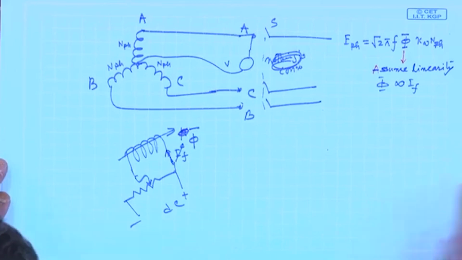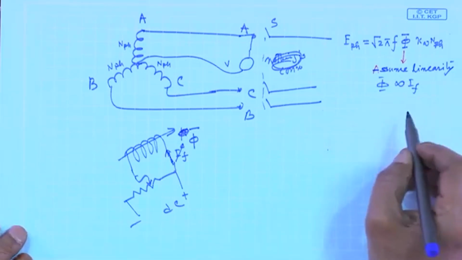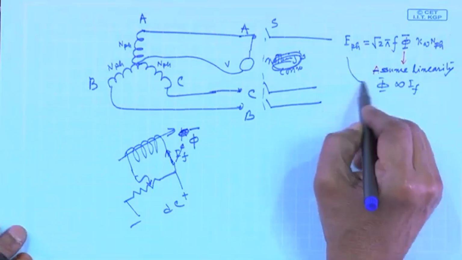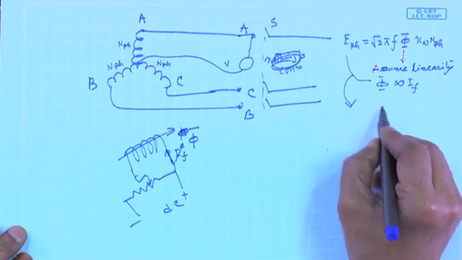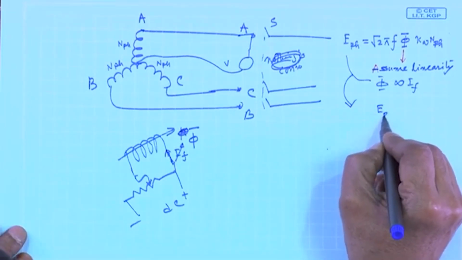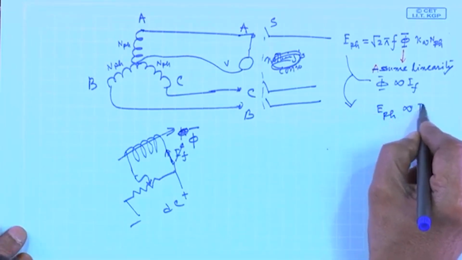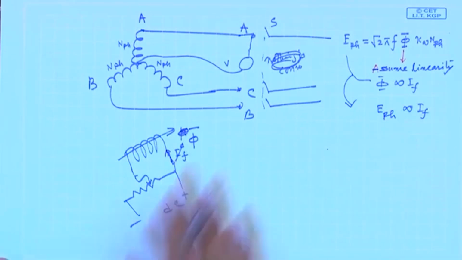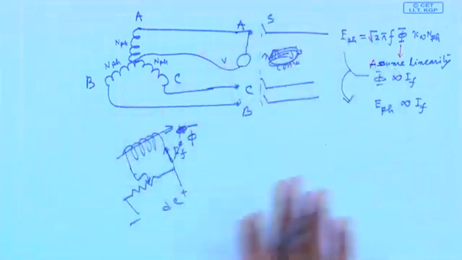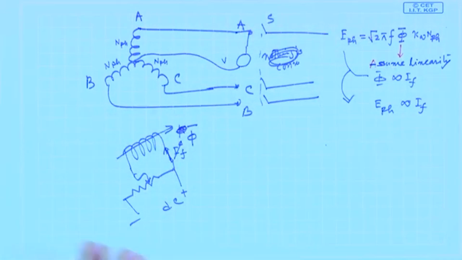And this is the thing. Therefore, with these two things, I can say that E phase is directly proportional to field current. Nothing is connected here, no synchronization, nothing.